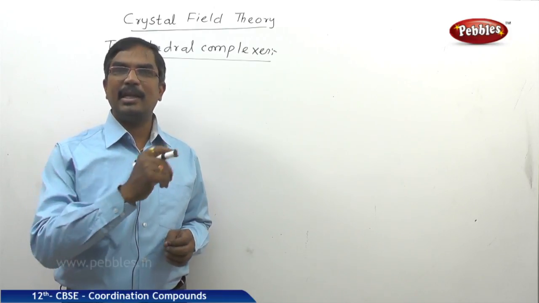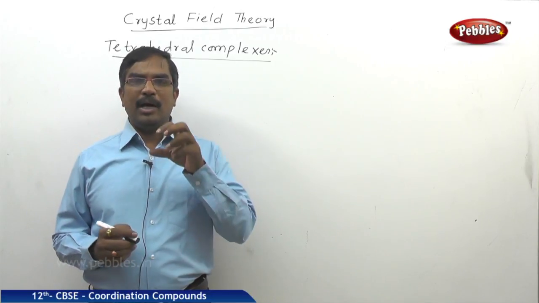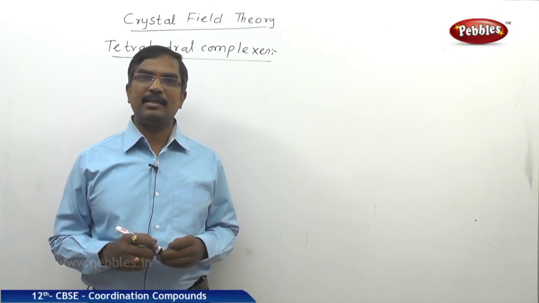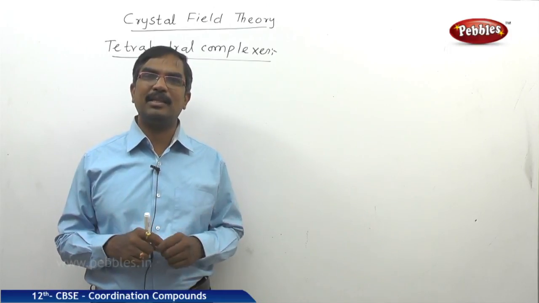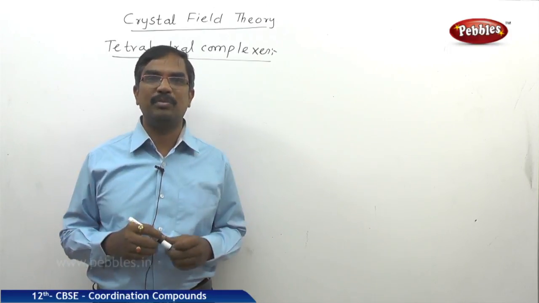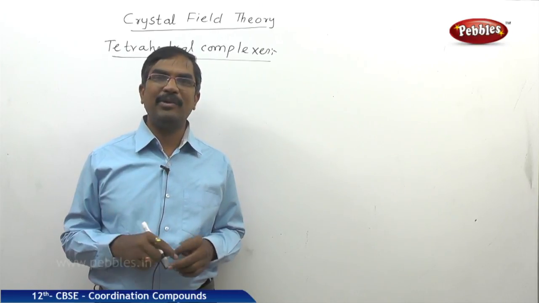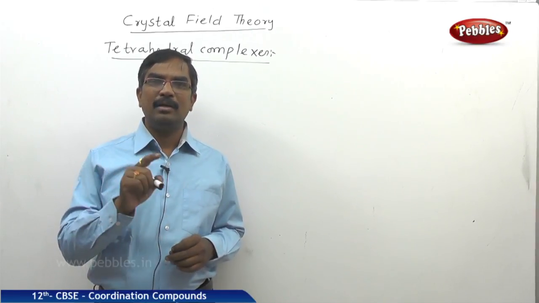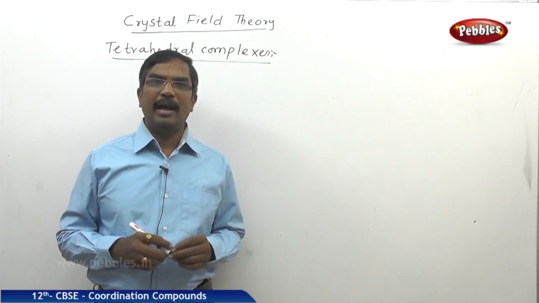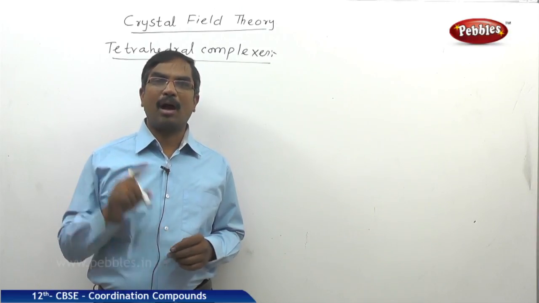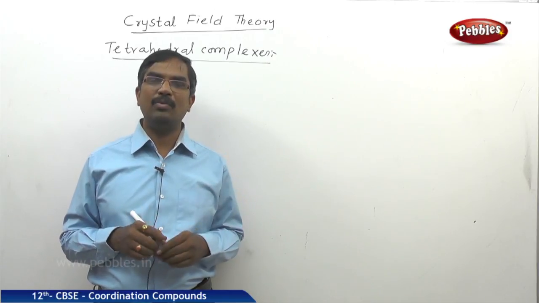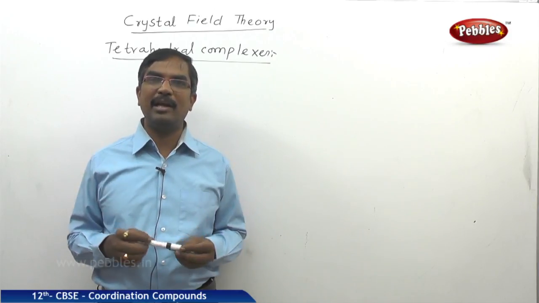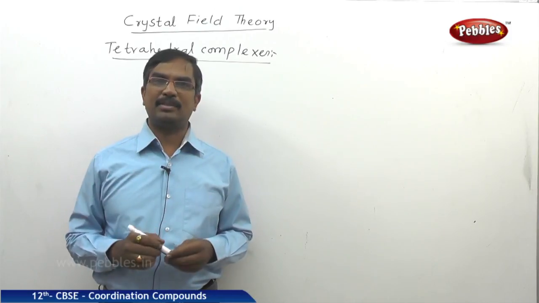In the tetrahedral complexes, assume the ligands are present at alternate corners, and the central metal is present at exactly the center of the cube. At the center of the cube we have the central metal atom or ion, and at alternate corners we place one ligand each. That's how we can see the ligands in tetrahedral complexes.